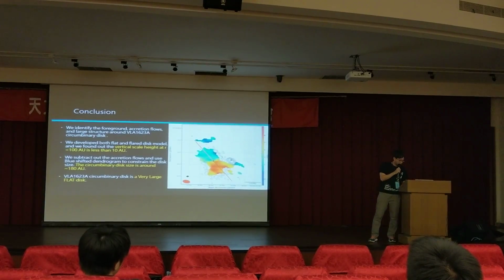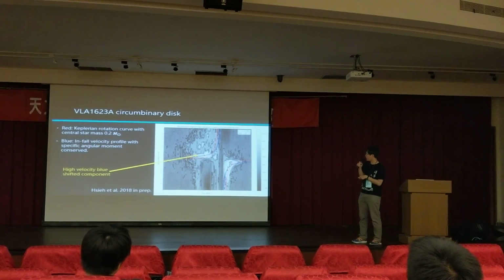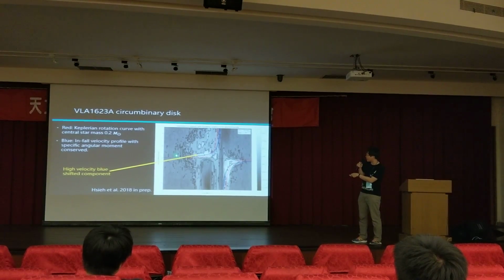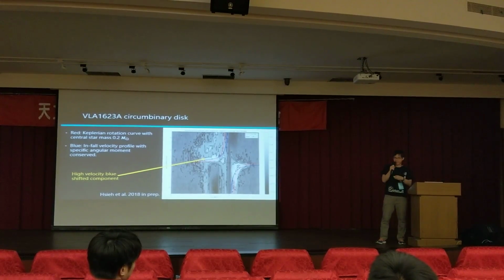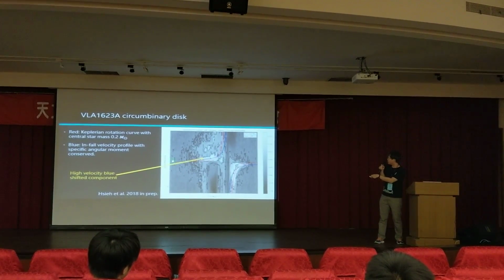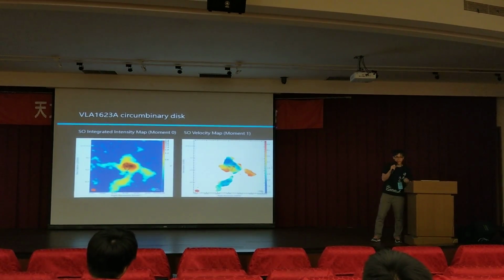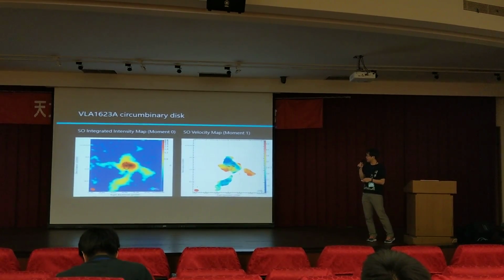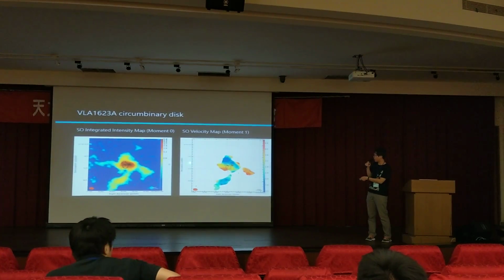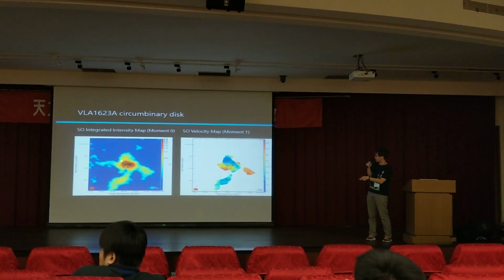So basically, from the PV diagram, I identified that in the inner region of the disk, around 0.5 arcseconds, you can see there's a very high velocity component. It deviates from the Keplerian rotation. And I also looked at the SO data. It shows that there's an accretion shock front on the northern part, but this is around the outside.